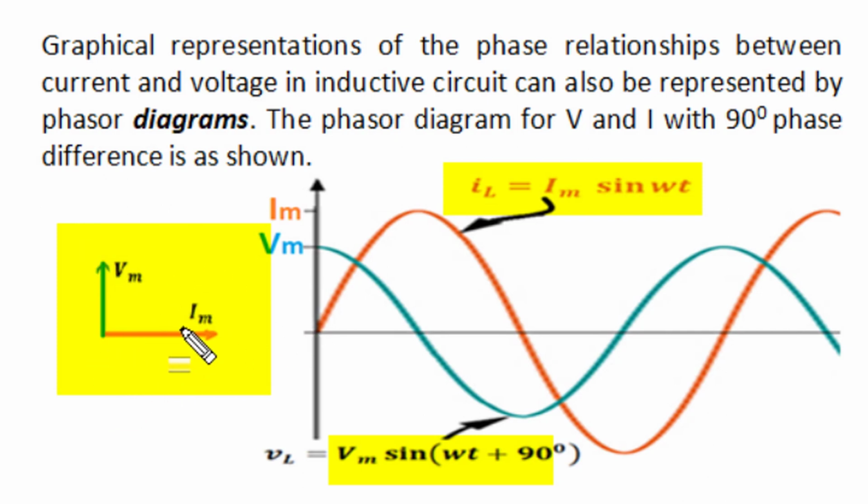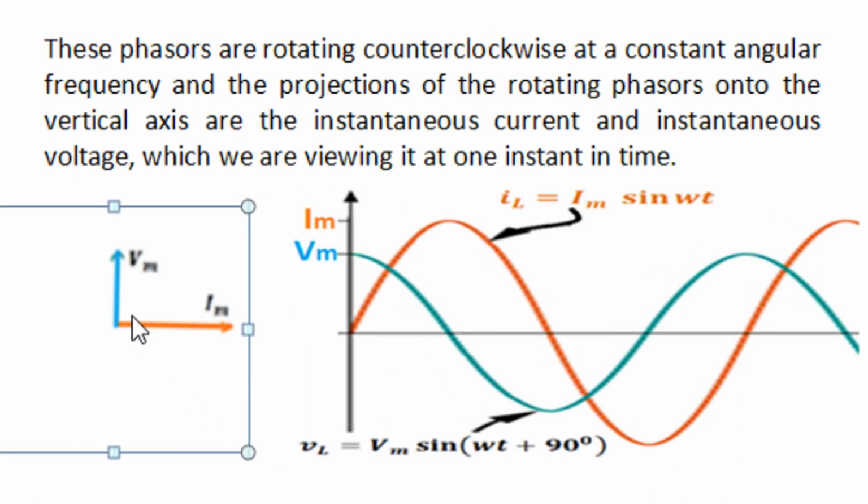And the projection of the current phasor and voltage phasor on the vertical axis represents their instantaneous magnitude. Current has 0 instantaneous value as its projection on the vertical axis is 0, and voltage has the full peak magnitude as instantaneous value. Both current through the inductor and voltage across the inductor are rotating vectors or phasors, and they rotate in the anti-clockwise direction with velocity equivalent to the angular frequency of the supply.